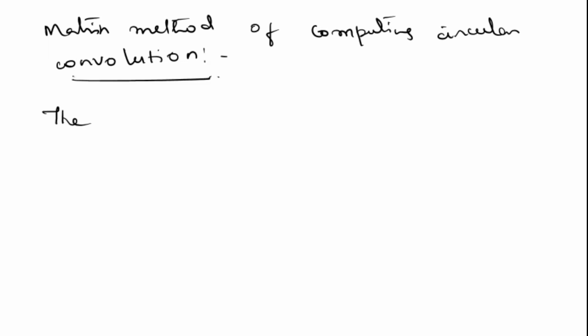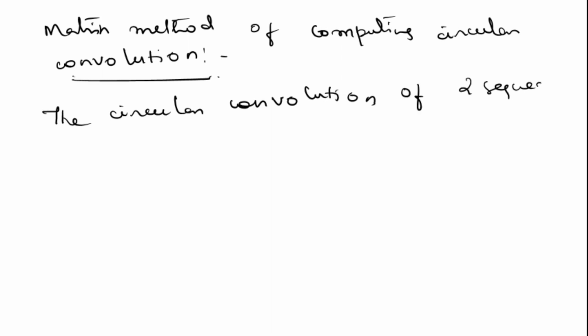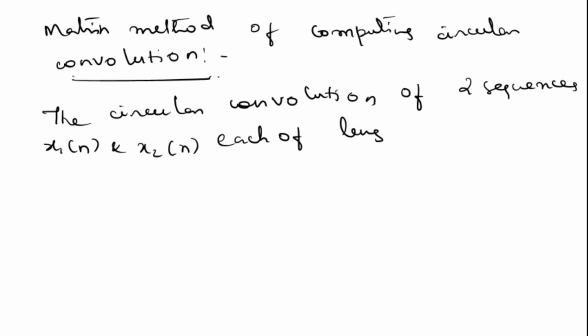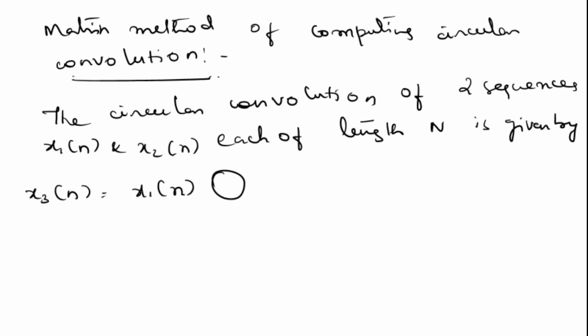The circular convolution of two sequences x1 of n and x2 of n, each of length capital N, is given by x3 of n is equal to x1 of n with n-point circular convolution of x2 of n.